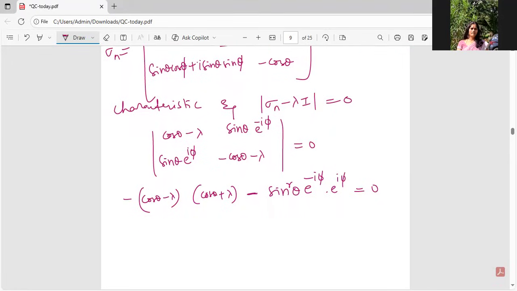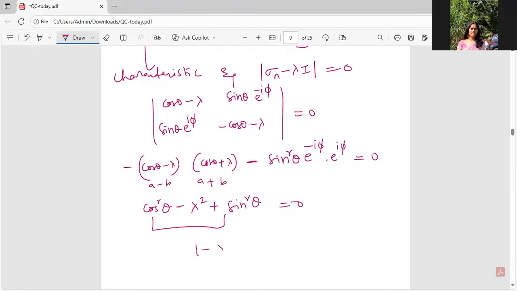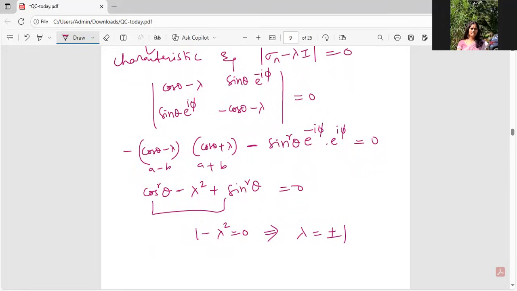There's a minus sign common for both, I can remove. Now this is something like a minus b into a plus b. So a squared minus b squared: cos squared theta minus lambda squared plus sin squared theta. Now what happens to cos squared theta plus sin squared theta, guys? Its value is 1. So 1 minus lambda squared is equal to 0, which implies lambda is equal to plus or minus 1. These are the eigenvalues for sigma n in the Bloch sphere representation.